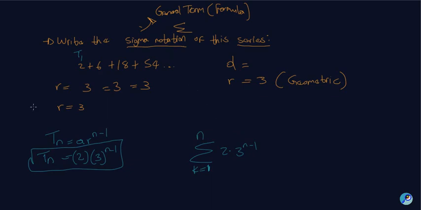Oh sorry, it's k, not n. Because let's say k is equals to 1, so it's 1 minus 1, it's 0. So it's 2 times 1, which is 2, which is the first term. So this is the sum of the series from when k is equals to 1 until k equals n, the last term.